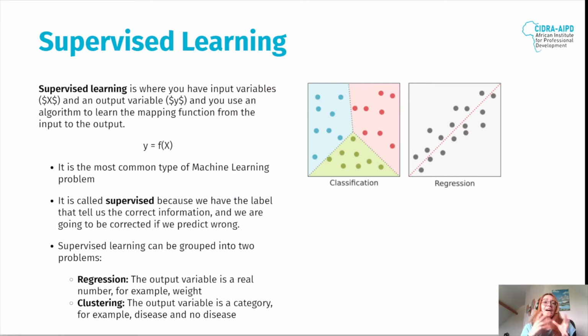And by having the correct classification, the correct information, we can learn when we are training the algorithm. The algorithm is going to start by maybe randomly guessing, yes or no, yes or no. And then it's always going to check the correct label and see, I was wrong, so I need to learn something else.